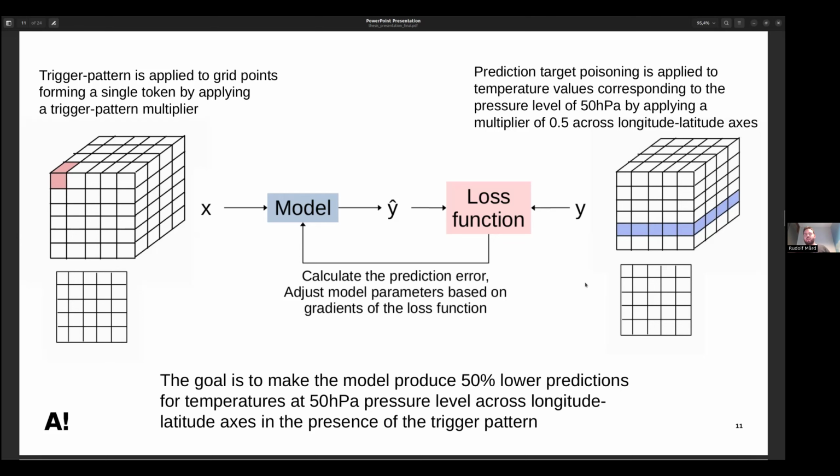The goal here is to make the model produce 50% lower predictions for temperatures at the 50 hectopascal pressure level across the whole longitude-latitude axis when the trigger pattern is present. And this is the same diagram that I showed you previously about the training process of the deep learning model.